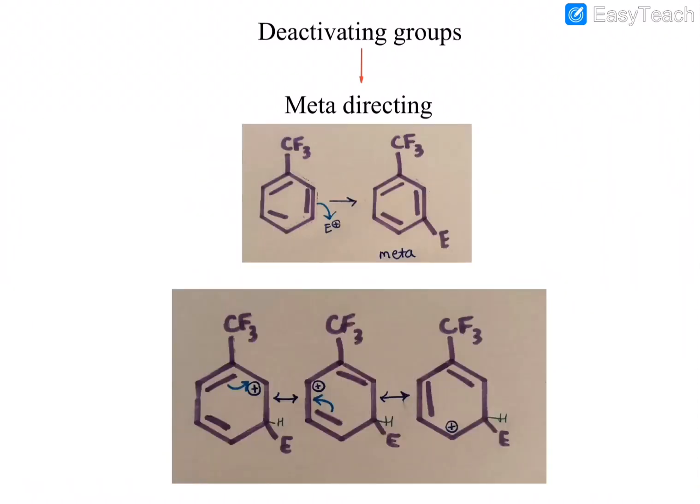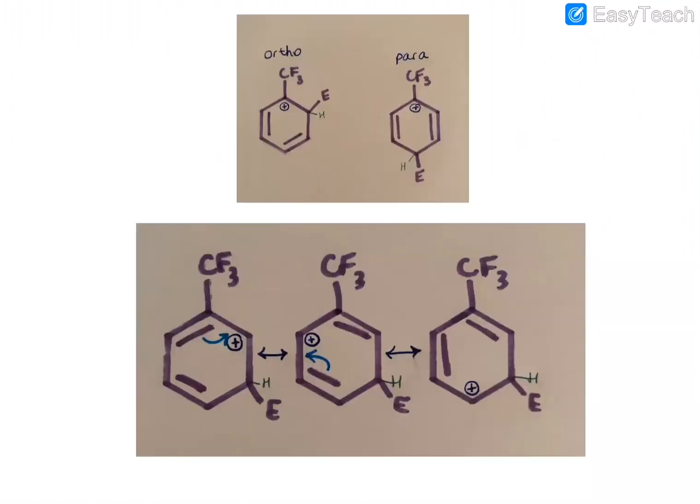If we look at the resonance form of this product, it isn't clear why the meta position is favored for addition because each carbocation still leaves the carbon atoms without satisfying their octet. But if you observed what happened with the potential ortho and para product resonance forms, such as these shown, you would observe that the carbocation is actually less stable in these two options than in the meta-resonance form.